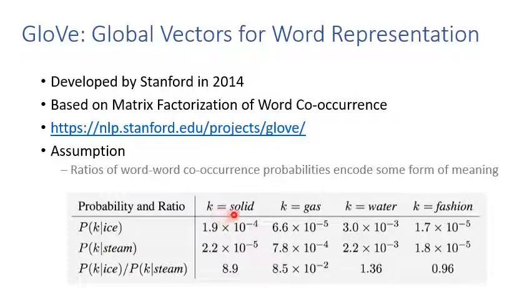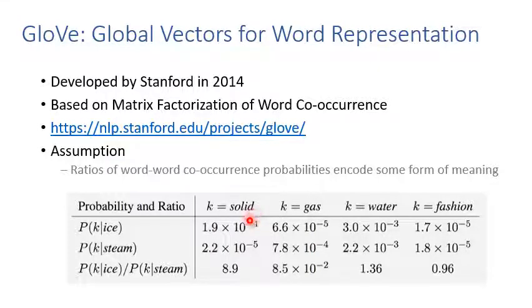K includes solid, gas, water, and fashion. This is the conditional probability of finding the word solid given ice, for example, so this probability means that solid and ice have co-occurrence.